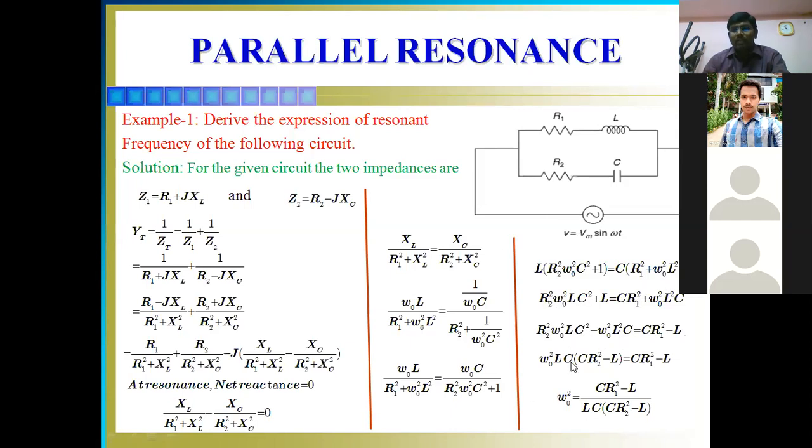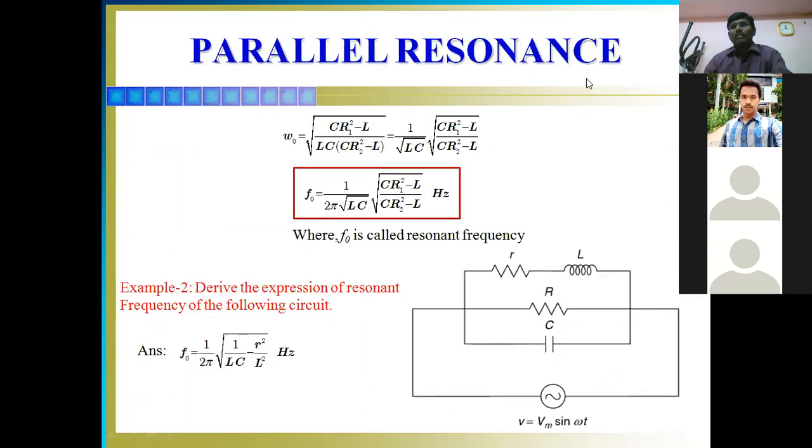Take LC common, and C common. From this, omega naught square is equal to (CR1 square minus L) by LC into (CR2 square minus L). From this, omega naught is equal to the square root of (CR1 square minus L) by LC into (CR2 square minus L).